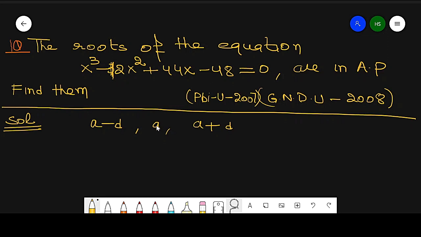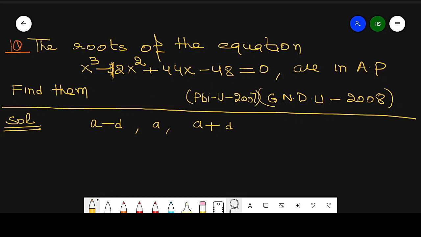If I can find the value of a, then I can find one of its roots. If I can find one root, the remaining I will find out with the help of a quadratic equation. So here the important thing is the sum of roots.